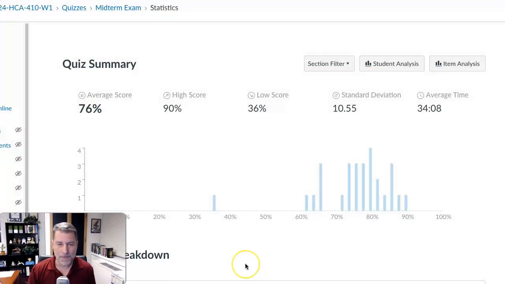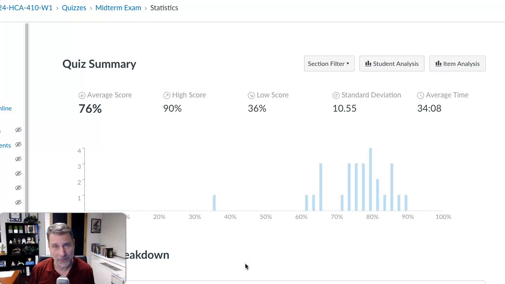Without doing any adjustments, I like to look at what the average score was, what the high score was, and just take a very superficial look at it initially. 76 isn't horrible. It's usually a little bit lower than what I like.